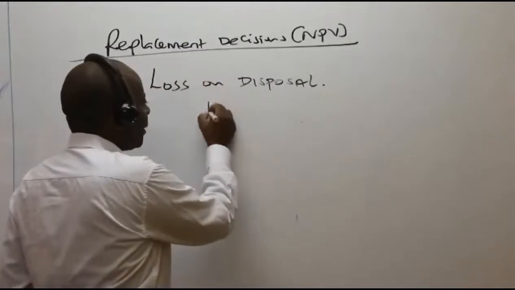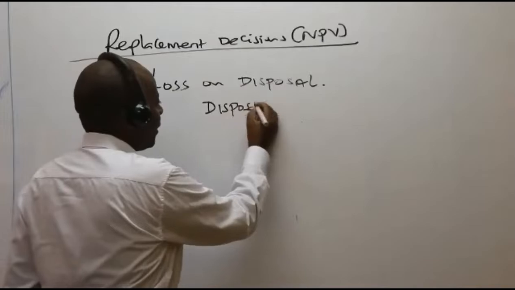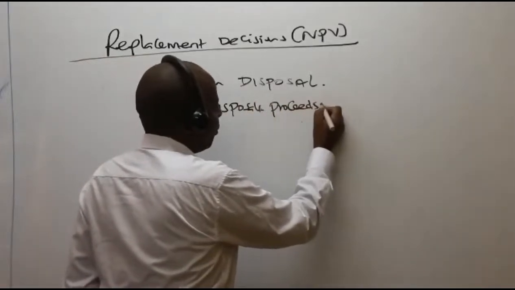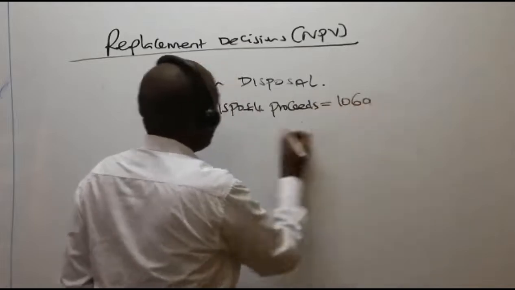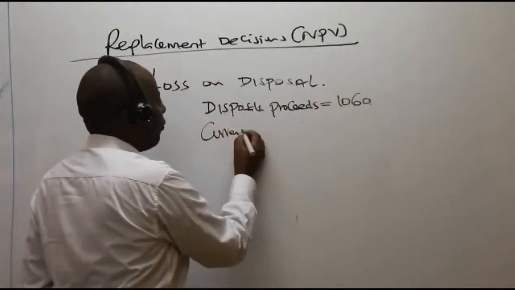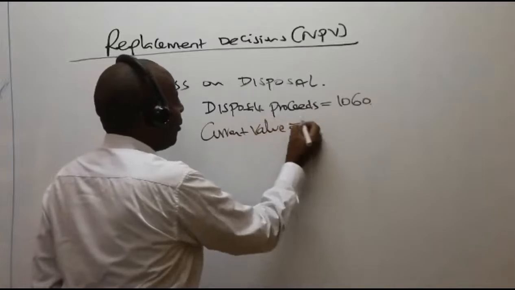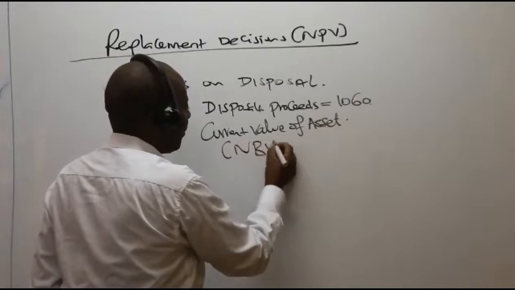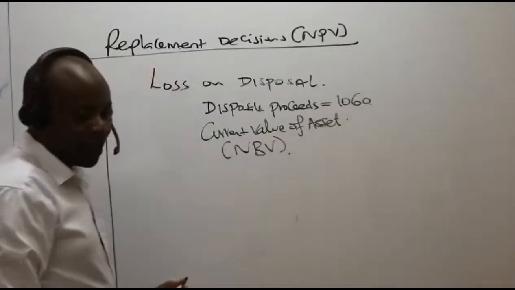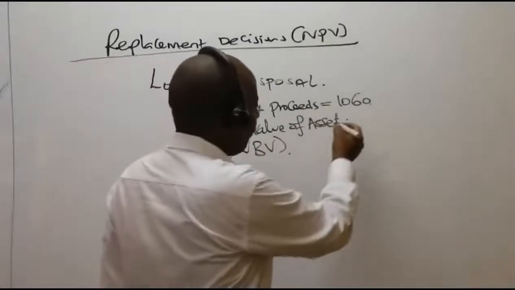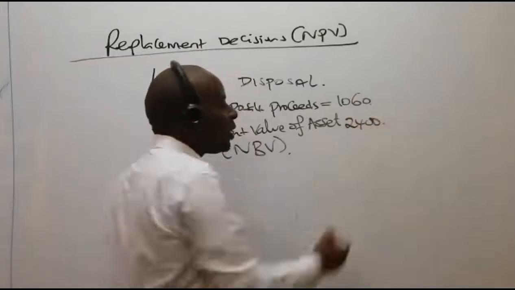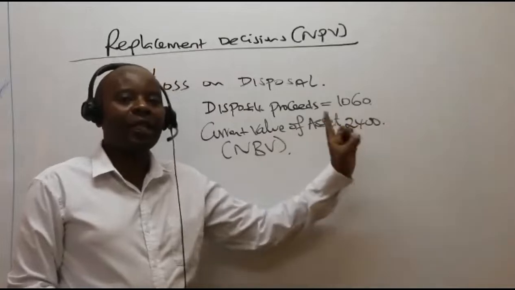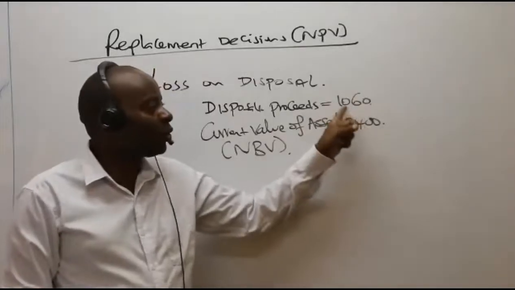We compare the disposal proceeds of 1060, and then we look at the current value of the asset, as measured by the net book value. So the net book value here, you guys gave me a figure of 2,400. You can see that an asset that is worth 2,400, we are selling it for a paltry, smaller amount of 1060.